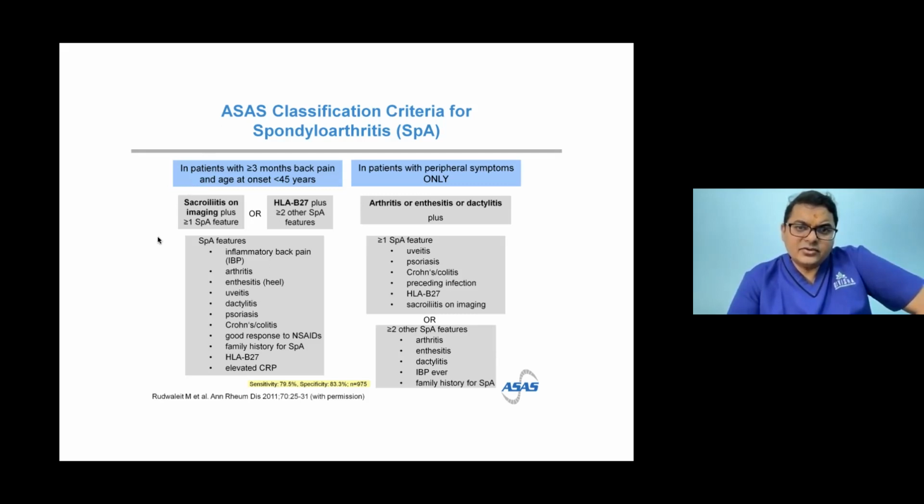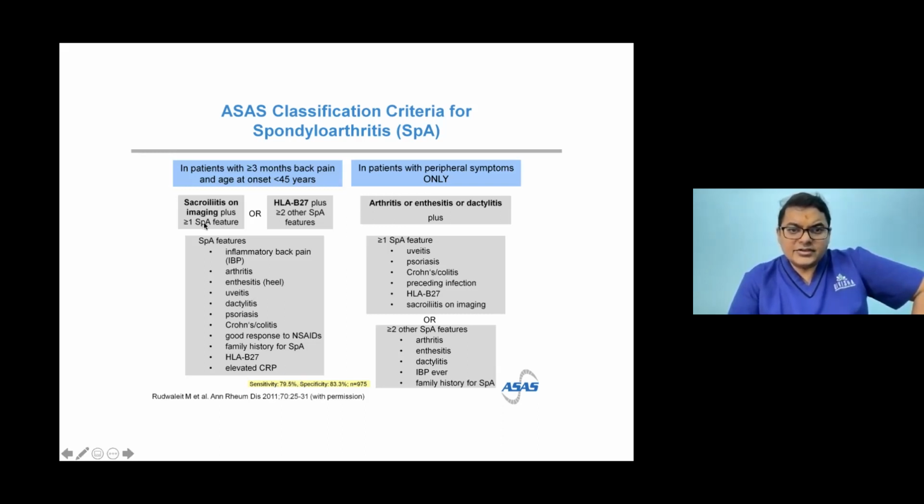So they have classified how you diagnose this condition. In patients with more than 3 months of back pain and less than 45 years of age, if you have sacroiliitis, that is inflammation in the buttocks seen on the X-ray or MRI, or if you have a blood test showing the gene called HLA-B27, and any of these features such as inflammatory back pain, arthritis, which I just showed, heel pain, uveitis or dactylitis where the whole finger gets inflamed, or psoriasis, or inflammatory bowel disease, which I just showed, good response to painkillers, anybody in the family having it, HLA-B27 or a gene test done in the blood, or elevated inflammatory markers.